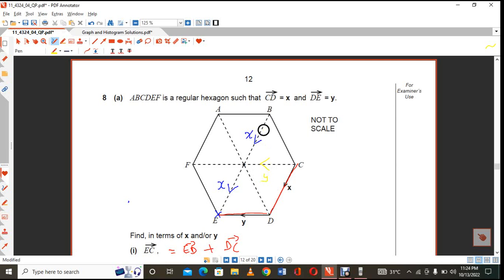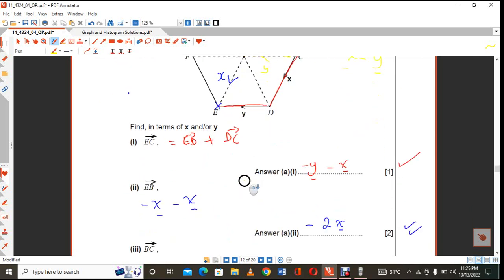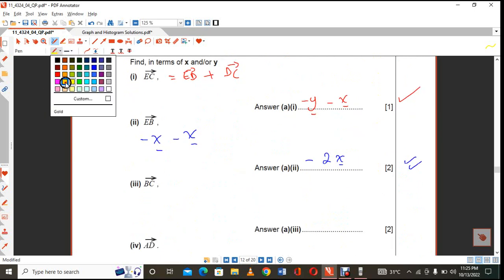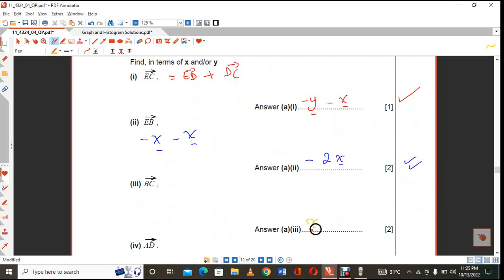Now you go from B to C, so you are going positive x against y. I hope you can see that. Because you're coming along here, that's x, and then you're going against that. So it's positive x minus y.